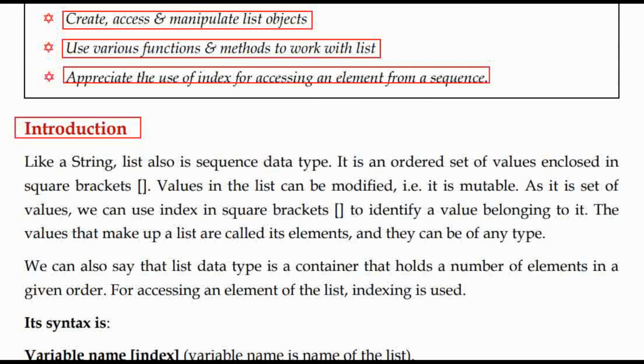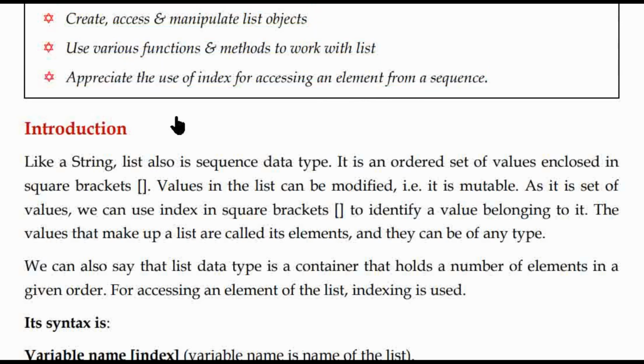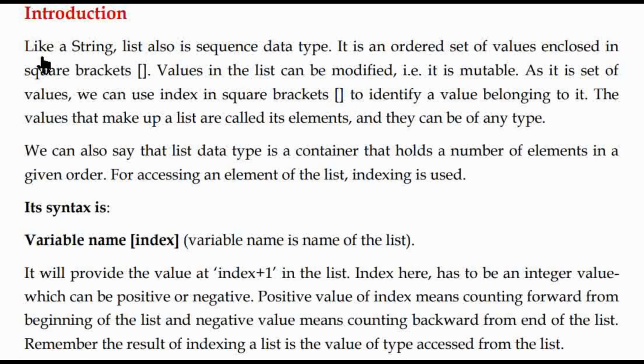Introduction. Like a string, list also is a sequence data type. It is an ordered set of values enclosed in square brackets. Values in the list can be modified, that is, it is mutable.